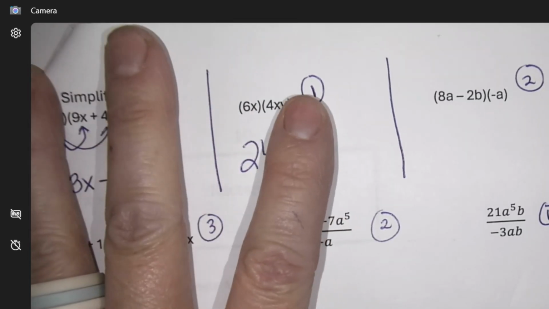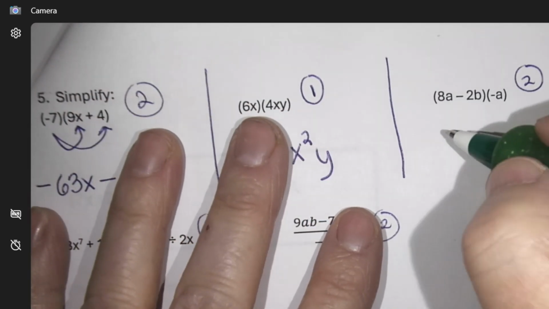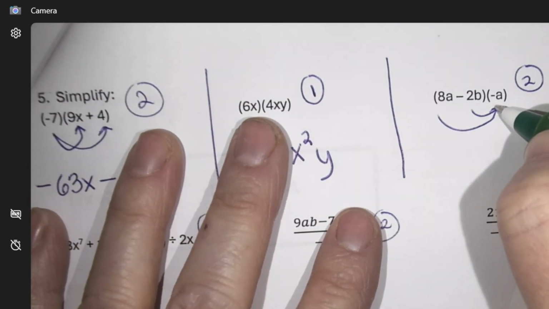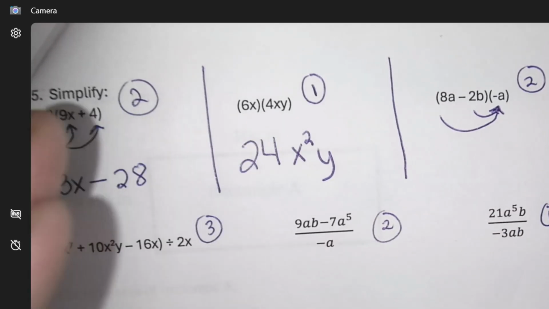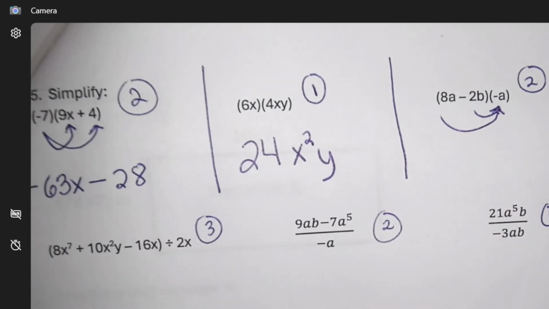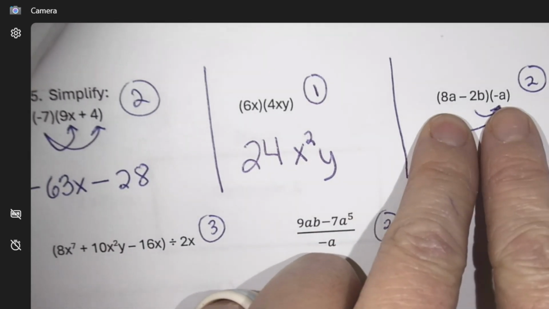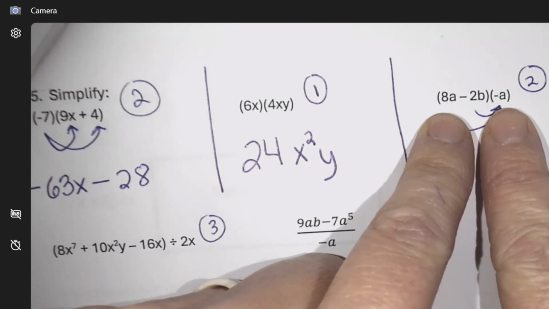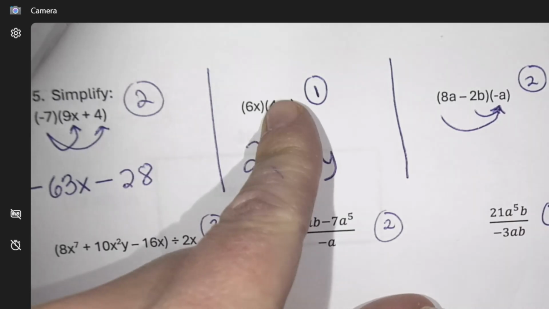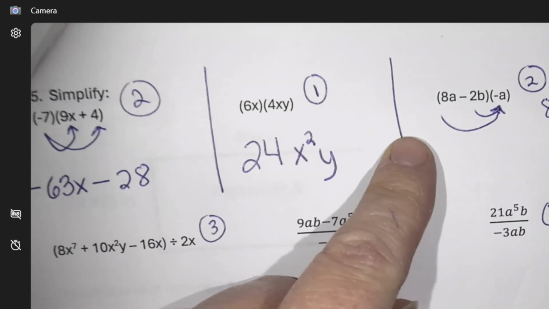Number 3 here. So if there's 2 terms, what am I doing? I'm taking turns. I have to do this set and this set, a distribution again. So here's your, and if you like this, that's fine.